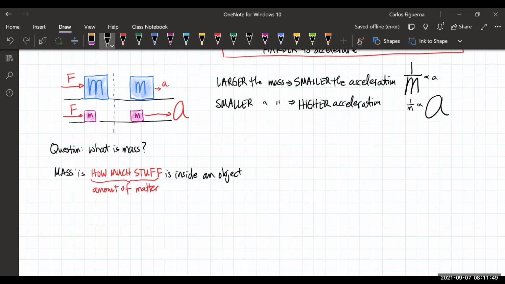So I have a pretty good demo that I could show you if we were in the classroom, and this is sort of like an example to get my point across here. So what we have here is that we have two tennis balls.